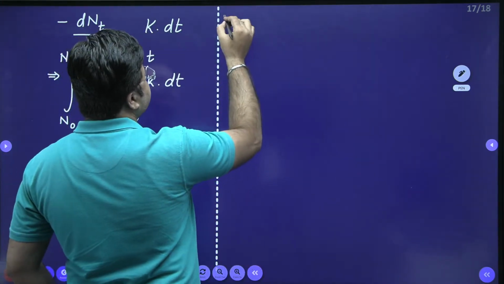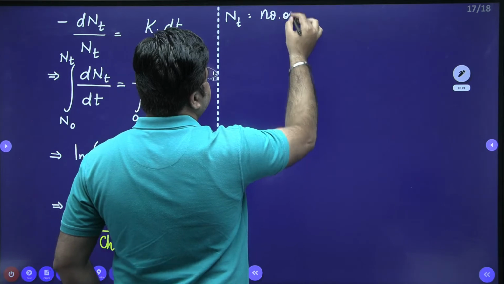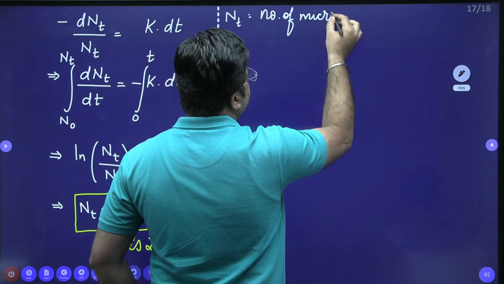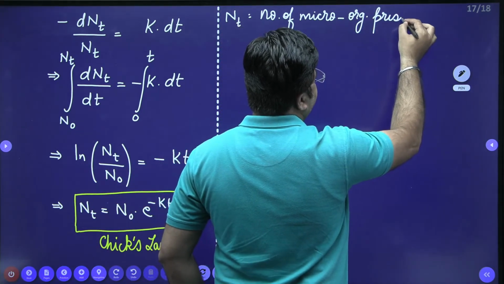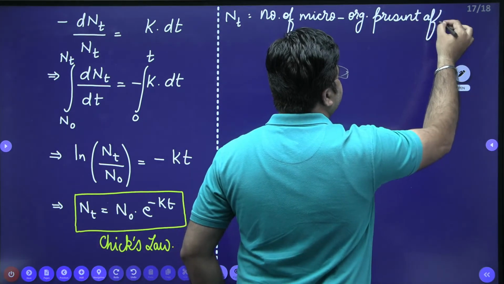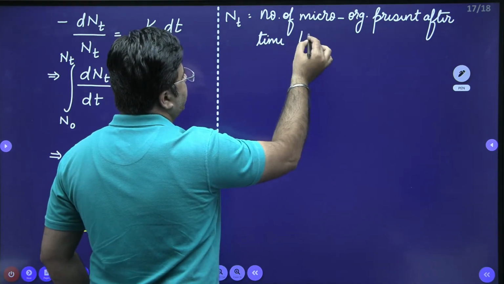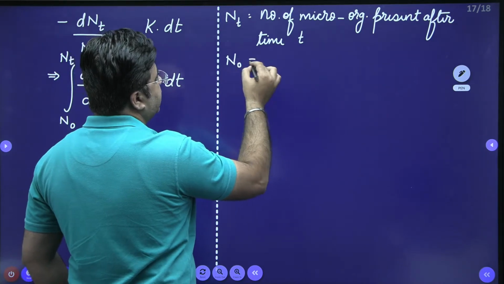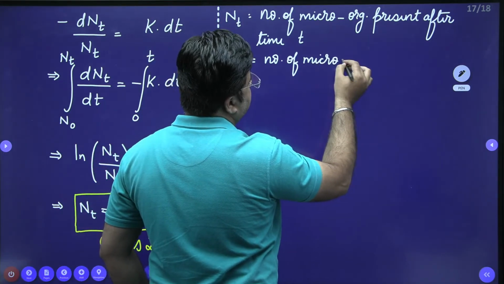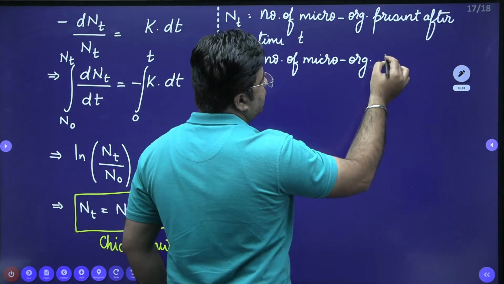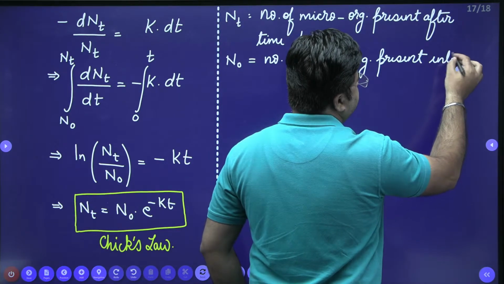N naught is the number of microorganisms present initially, that is at time t is equal to 0.